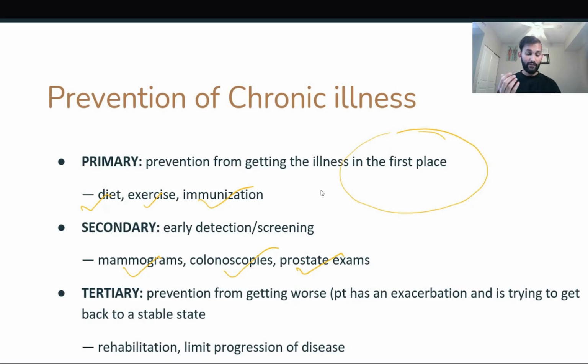The third one is the tertiary. In the tertiary, we have the disease now, and we're trying to prevent it from getting further worse. The patient will have periods of exacerbation, and we try to make them as stable as possible. This includes rehabilitation, limiting the progression of disease, and those kinds of things. And that's what we have in the prevention of chronic illness.